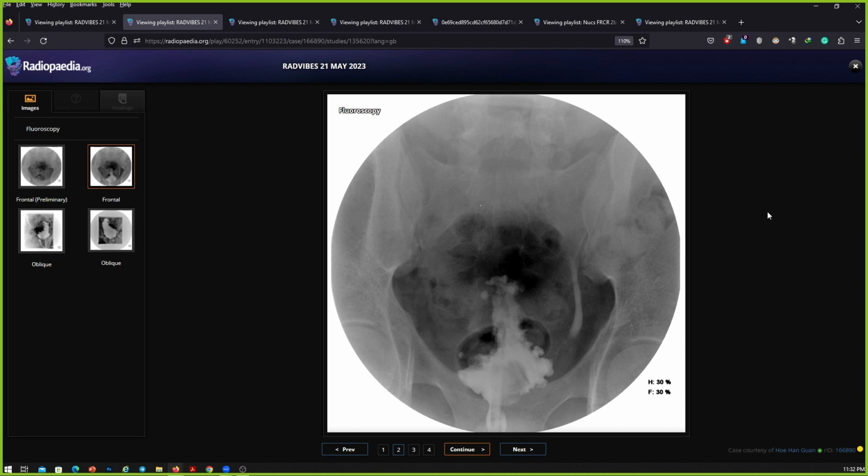I'm presented with a spot image of fluoroscopy showing multiple trabeculations involving the urinary bladder, and the shape of the urinary bladder also appears abnormal. There is also a reflux seen involving the left ureter. In my routine practice, I'll review the entire fluoroscopic image.